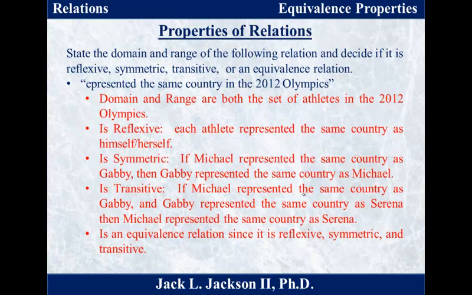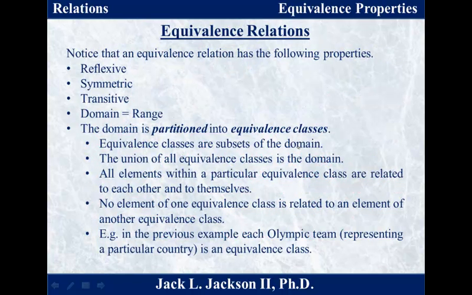So it actually is an equivalence relation since it's reflexive, symmetric, and transitive. Equivalence relations have these three properties, and that also tells us some other things that have to be true about equivalence relations. Not only are they reflexive, symmetric, and transitive, the domain and range must be exactly the same, and the domain and range are partitioned into what we call equivalence classes.